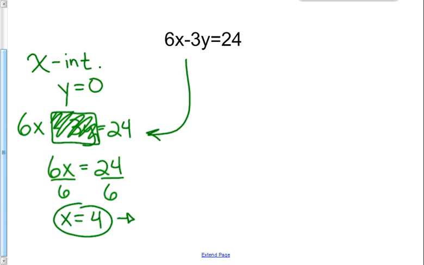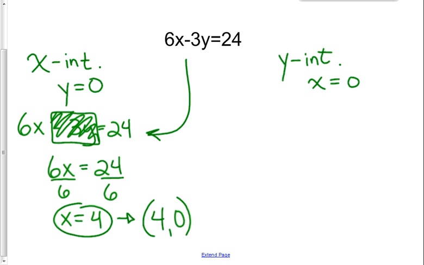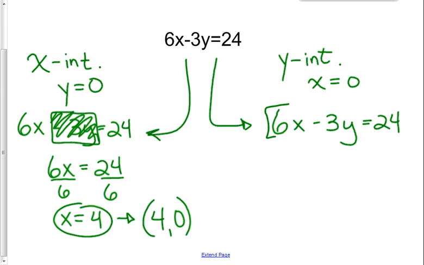Now we want to write that as an ordered pair. So the x value is 4. Remember, for the x-intercept, the y value is always 0. So (4, 0). Now if we want to find the y-intercept, we know that the x value is now 0. So if we look at our equation this time, we're going to get rid of the x term, which leaves us with -3y, making sure you keep that minus sign with the 3.